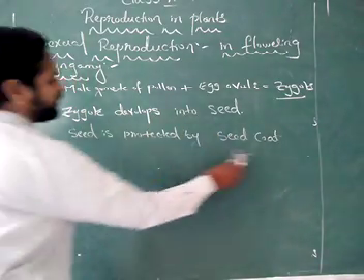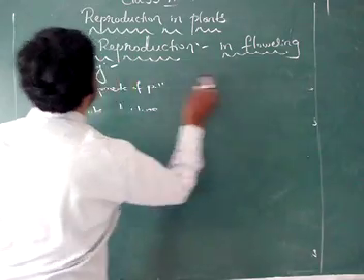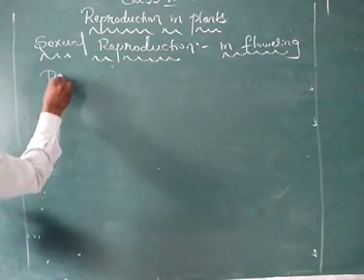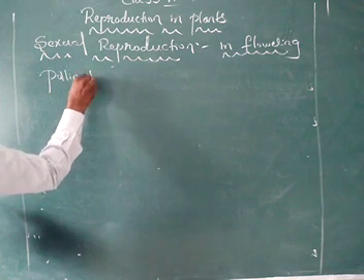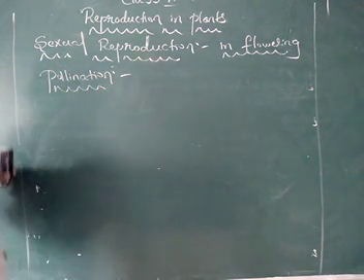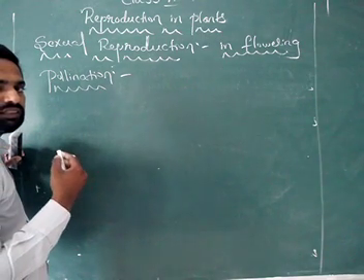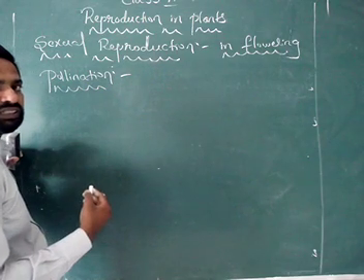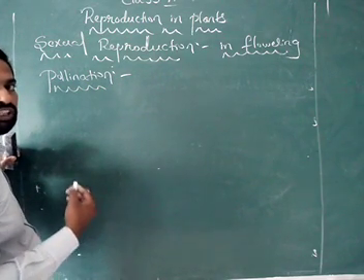Next one, pollination. Pollination means the receiving of pollen by the stigma of the pistil.